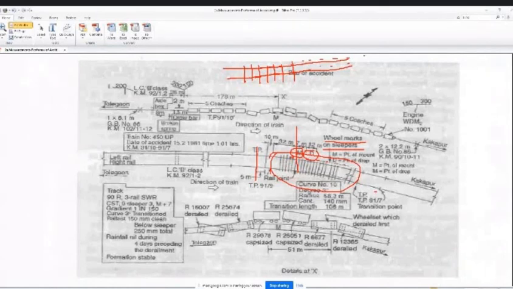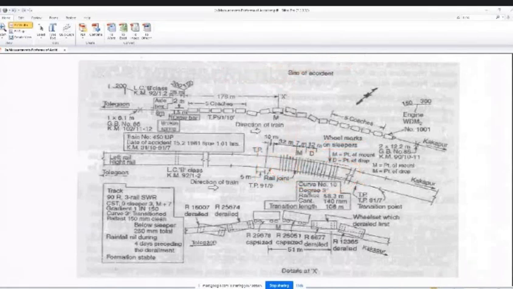Now, not only this, you can give much more information. No need of exactly this information. You can give more information also, no issue. The next is, he wanted to show that the derailment happened on a curve. So here, curve number 10.